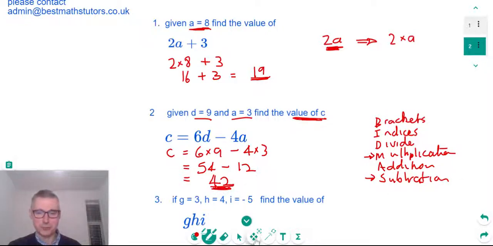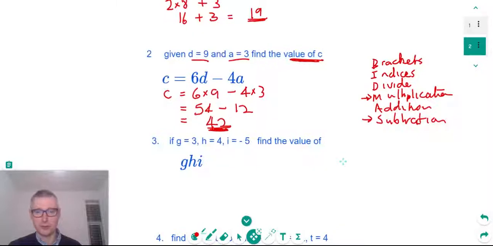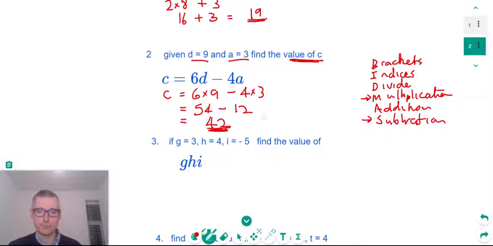So I'm now going to look at one again, which is possibly slightly more difficult. And this one, we've got a negative sign in there as well. So I want to look at how we deal with that. So we've got g equals 3, h equals 4, and i is equal to negative 5.